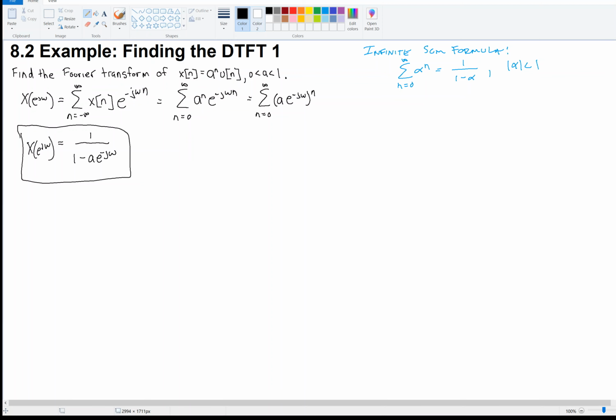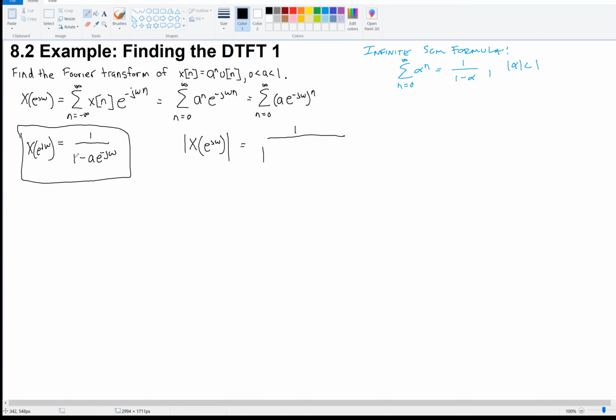Anyway, so maybe we want to plot this, okay? And we have a complex function now in omega. So let's look at the magnitude and the phase, right? In order to plot a complex function, well, you need two plots. So the magnitude of this thing, the magnitude of the numerator is 1 divided by the magnitude of the denominator.